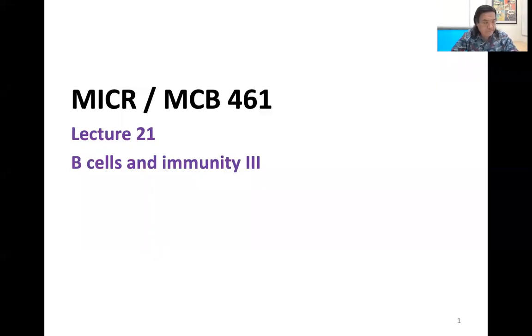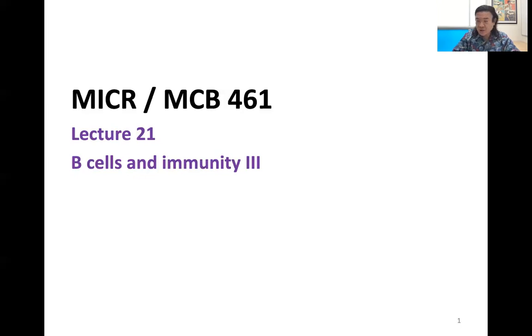Okay, hi everyone. So today we are going to wrap up our discussion about B cells and how their production of immunoglobulins is so important for our immune system. We will revisit this topic later as we begin to put many of the things that we've learned up until this point in the semester together in functional examples when we look at different types of conditions, such as allergies, autoimmune diseases, immunodeficiency diseases.